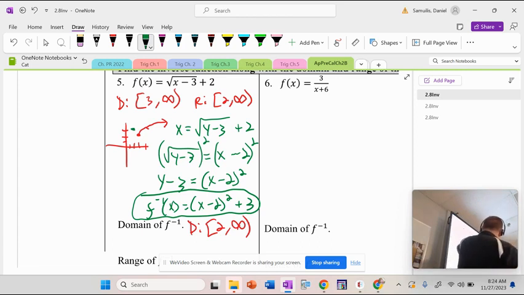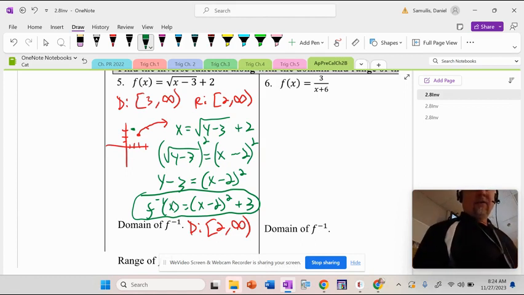And then when I plug in 3, 3 minus 2 is 1 squared is 1. 1 plus 3 is 4. Okay, so I plugged in 2 already. 3, and I got 4. I feel like this is 4, 3. Yeah, 3, 4. And then you kind of get this.